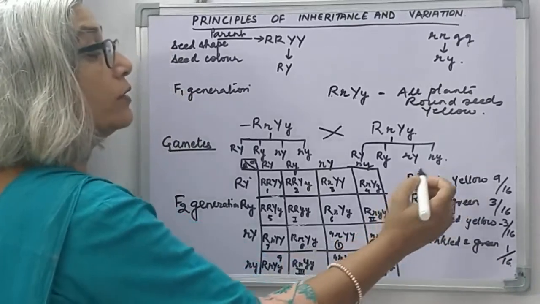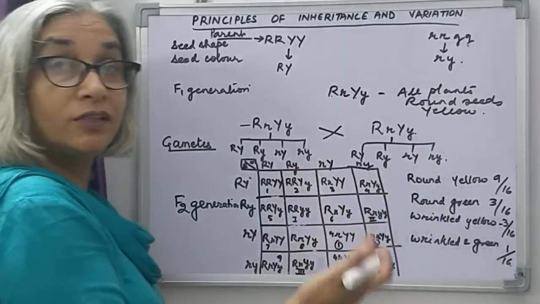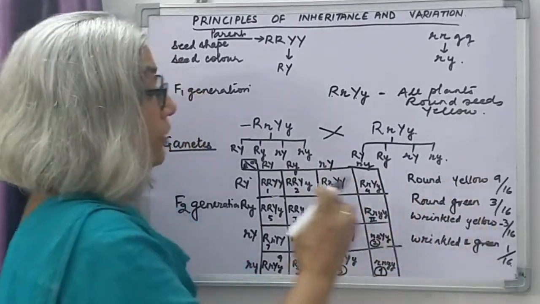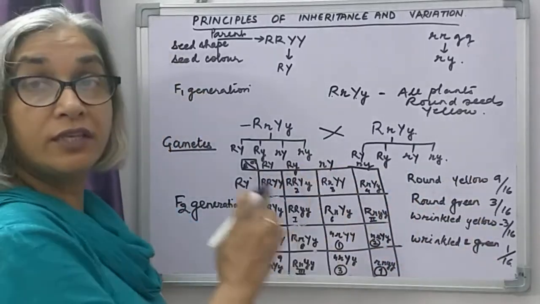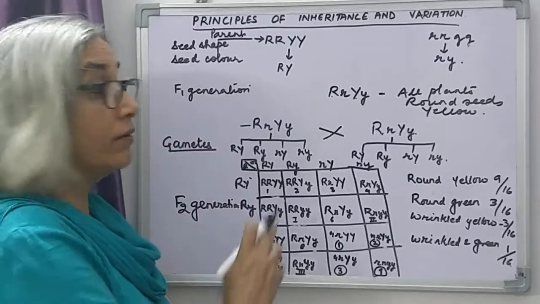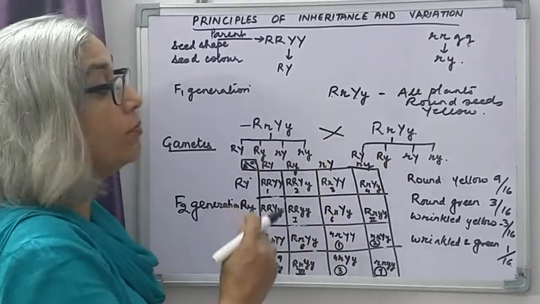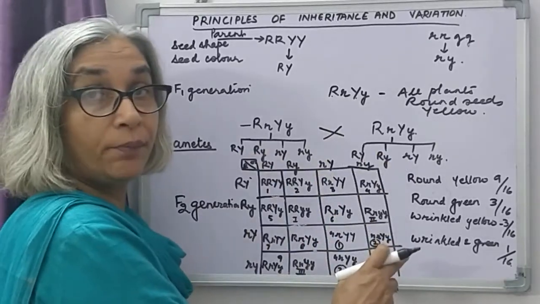So this is what? The external appearance, the observable characteristic that we can see. So this is the genotype. What we have shown in this Punnett square between gametes of the two plants, how plants are being formed, this is the genotype.